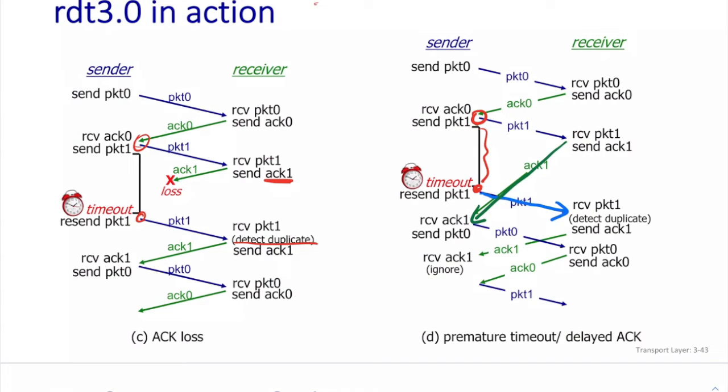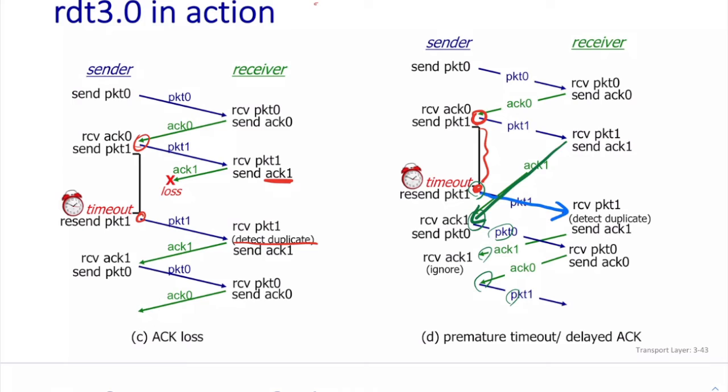But it is okay, because when you take a look at the sender side: timeout, send packet 1, get ACK 1, send packet 0, get ACK 1, ignore it, send ACK 0, which is okay, send packet 1.